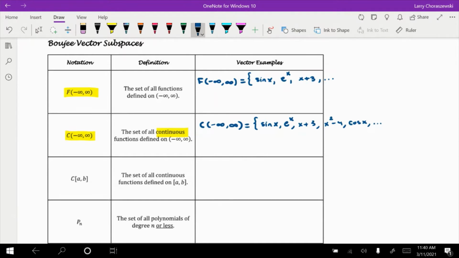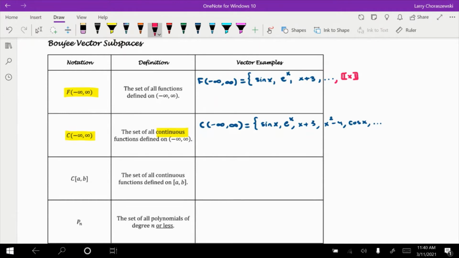And you might be wondering, what is the difference between the capital F and the capital C sets? I'm going to show you a couple of examples of functions that are defined on all real numbers, but are not continuous. So I'm going to go back up to the first row here, and an example of a function that has a domain of all real numbers, but is not continuous, would be something called the greatest integer function.